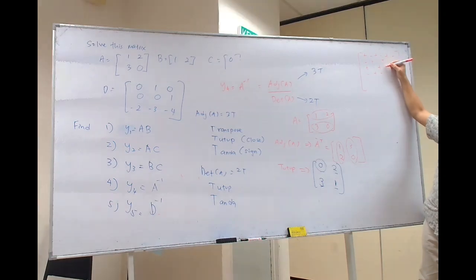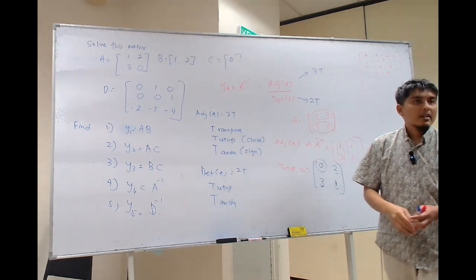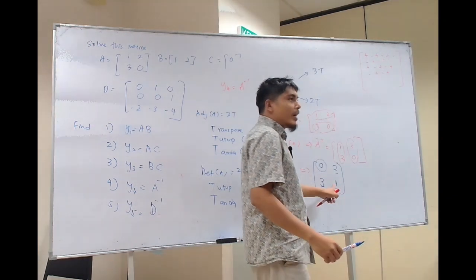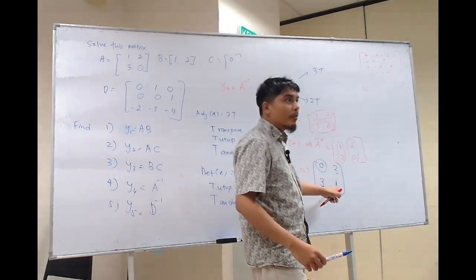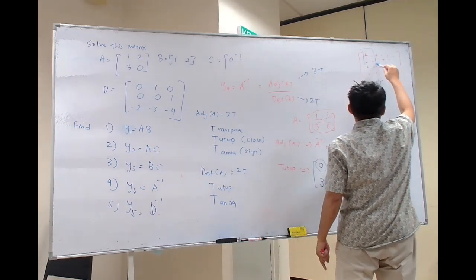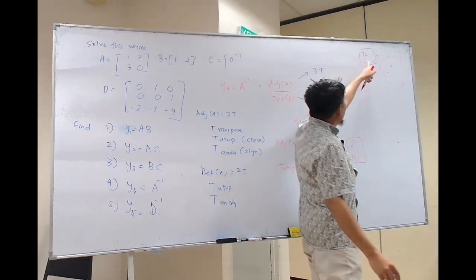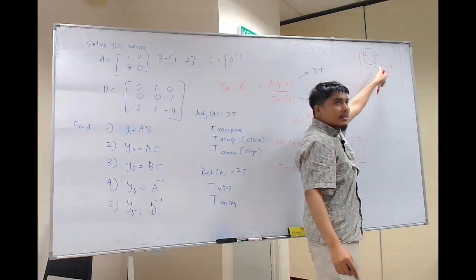The tanda, the pattern always like this. What is the dimension here? 2 by 2. So you just take the 2 by 2 dimension. The first row is positive, negative, and the second is negative, positive.